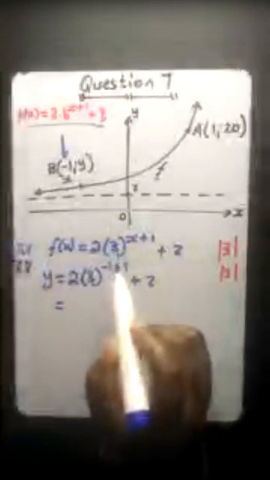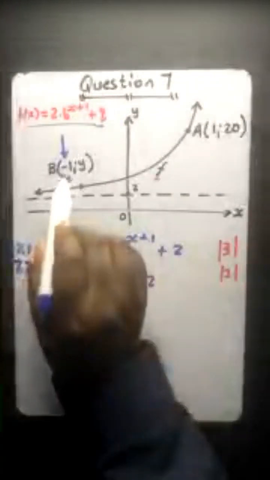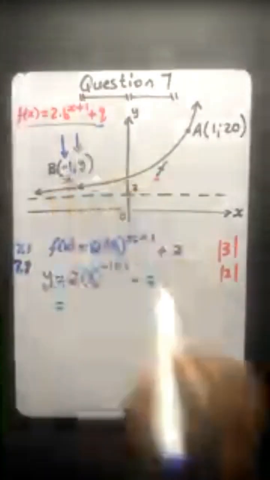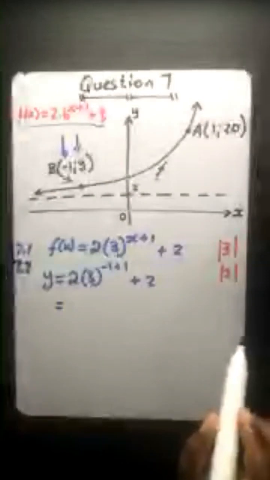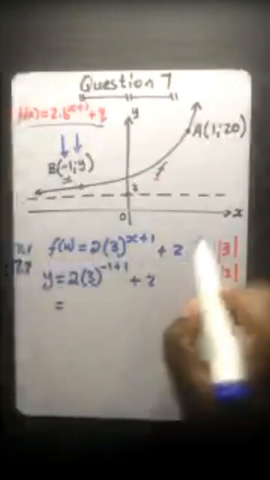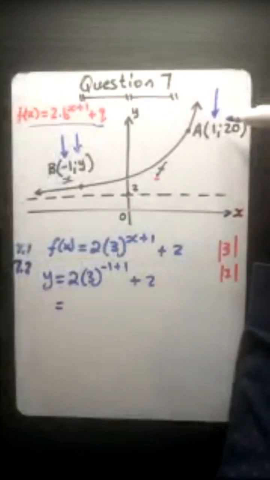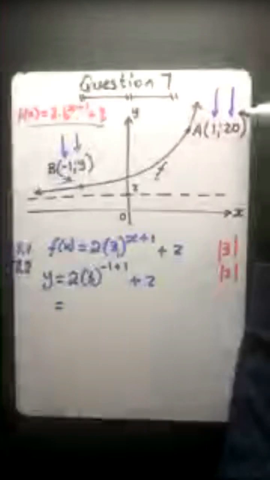The moment you start using that x value of point B in this formula, it's going to give you the corresponding y value.